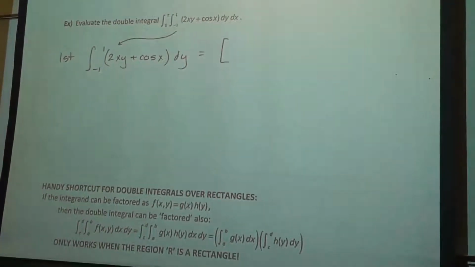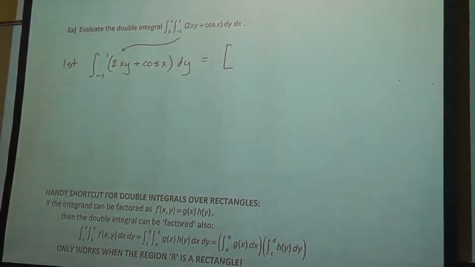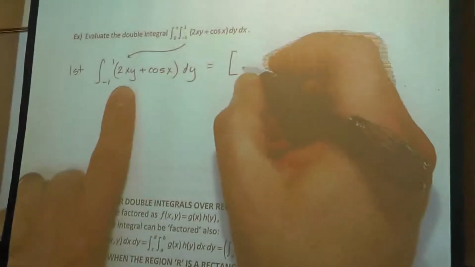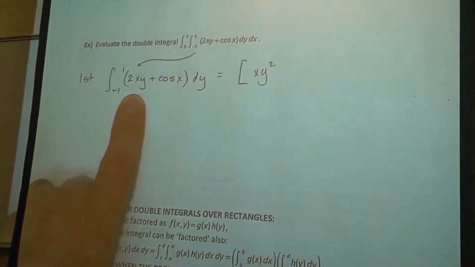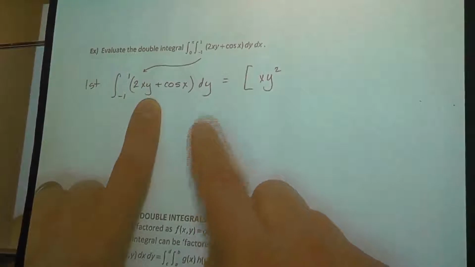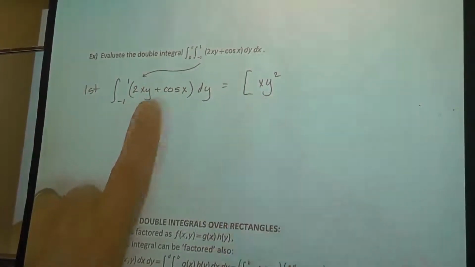So do your partial antiderivative first. The only one that needs a partial antiderivative is always your first one, because it has both variables in the mix. So when I integrate this with respect to y, 2xy becomes xy squared, okay? Because technically the 2x is a coefficient and y becomes half y squared, so the 2 and the half turn into 1, giving xy squared.